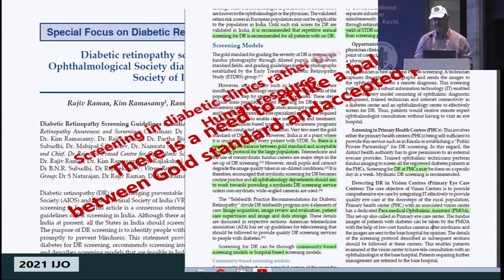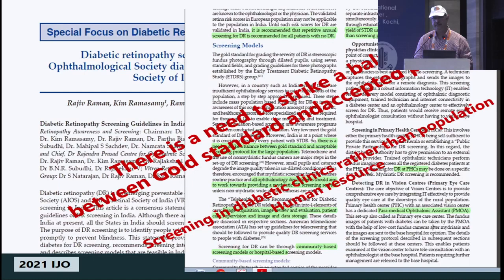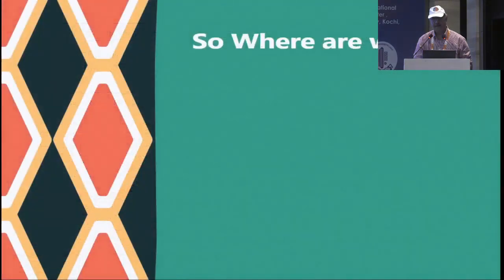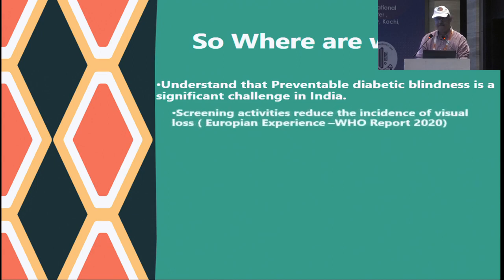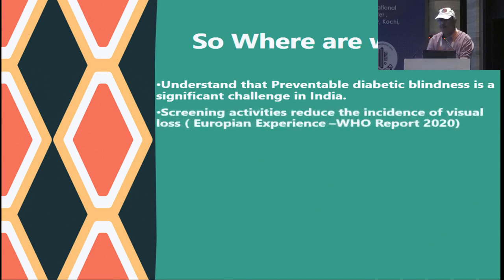But if we screen only the diabetic clinics, then that should be good enough. So where we are, we understand that preventable diabetic blindness is a significant challenge in India. Screening activities reduce the incidence of visual loss. That is what the European experience has also said, and that is what the WHO report also says.